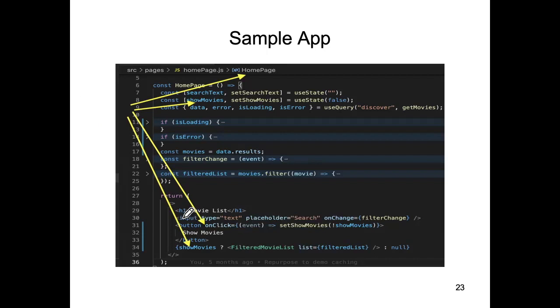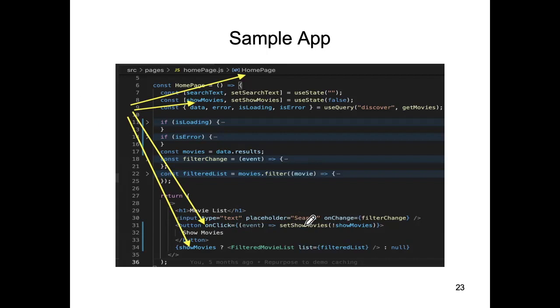I've also got my button here, and the button has an on-click handler, and all the on-click handler does is toggle the state variable that I'm using. So it just changes the state variable from false to true or true to false.